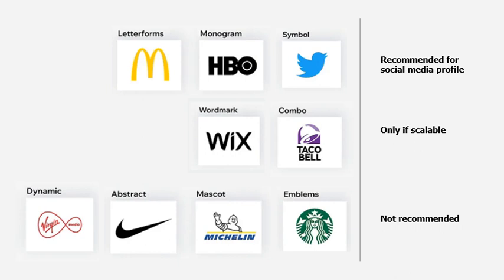Some of them are not recommended, like the emblems and the mascots. They're quite complicated to do. You would need a high level of skill to create them. But if you know how to do that, then you are allowed. Abstract logos are also difficult to conceptualize.